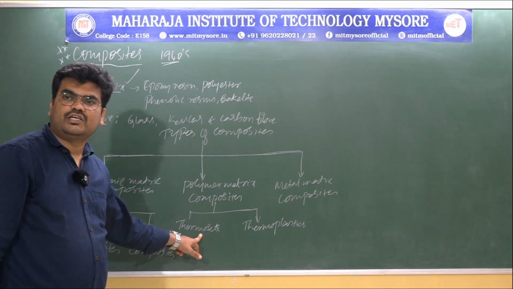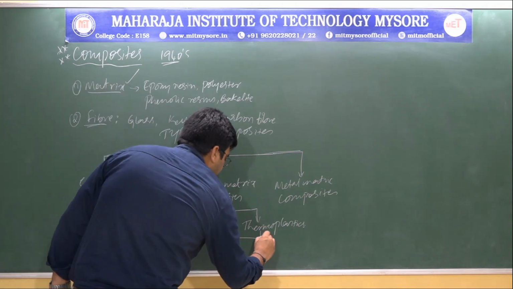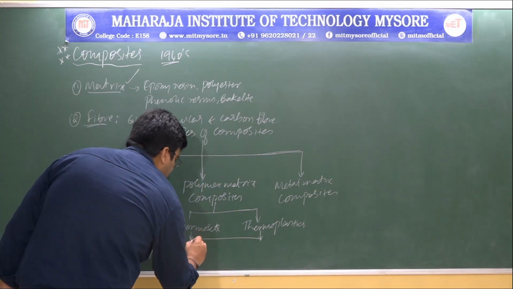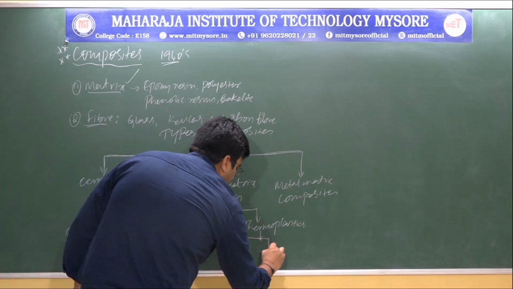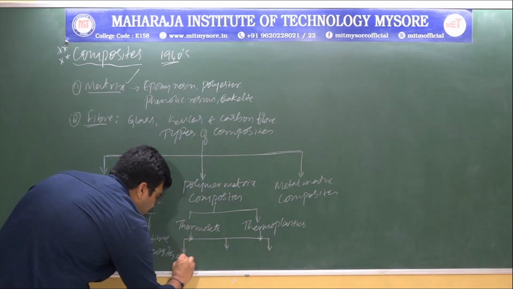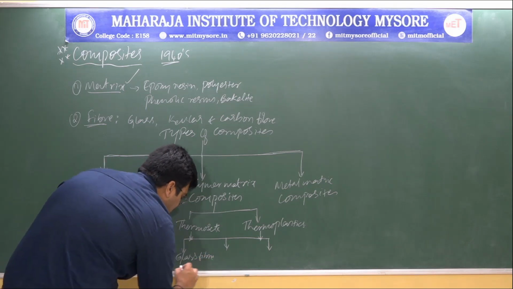Right, thermosets and thermoplastics. They are further classified into three types. One is glass fiber composites.